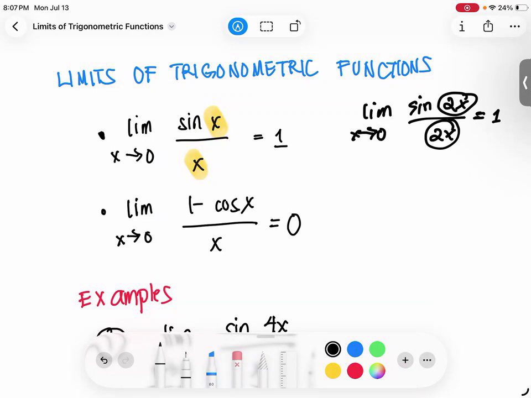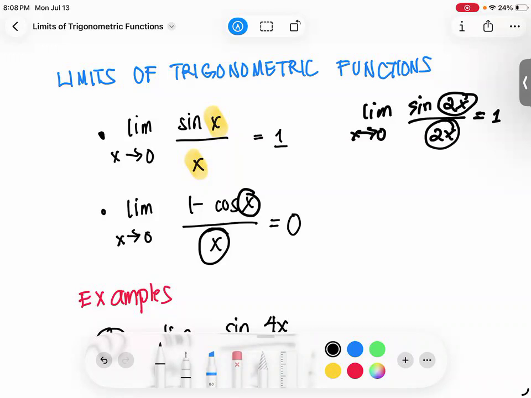We also have the limit of 1 minus cosine of x over x as x approaches 0. So this is equal to 0. The argument of cosine should be equal to the denominator, and the arguments should also approach 0 as x approaches 0.